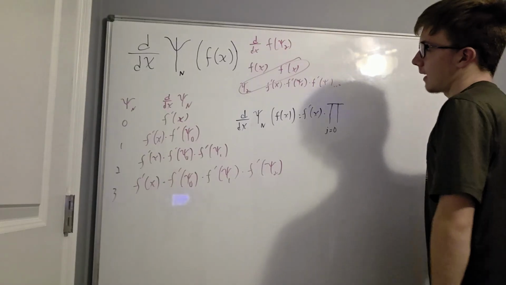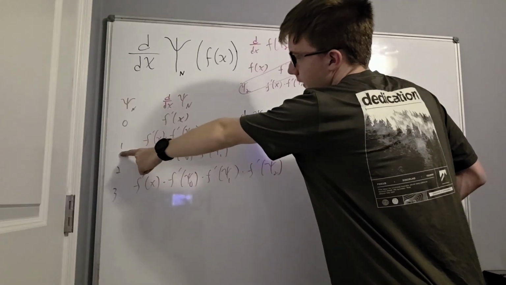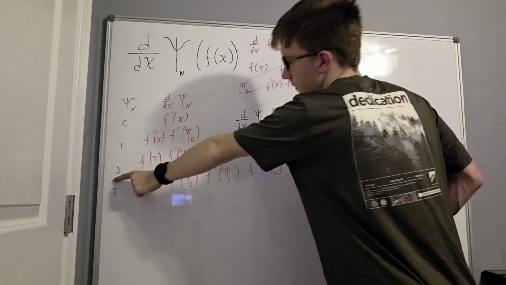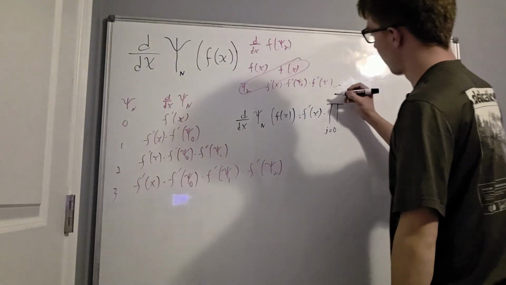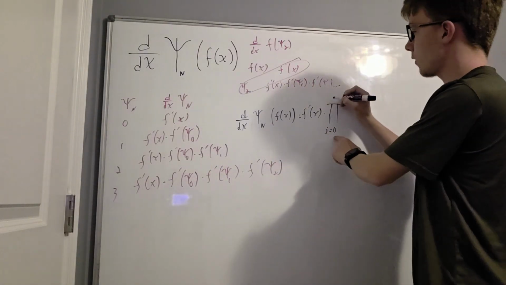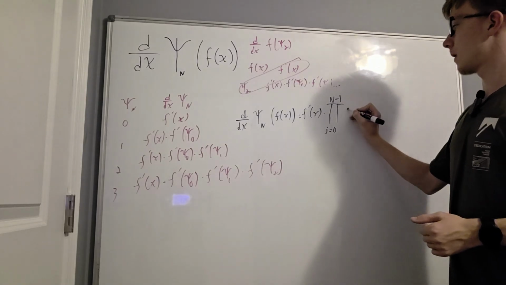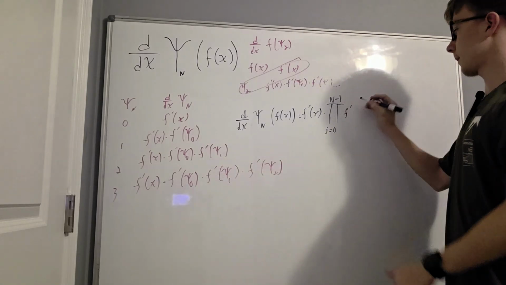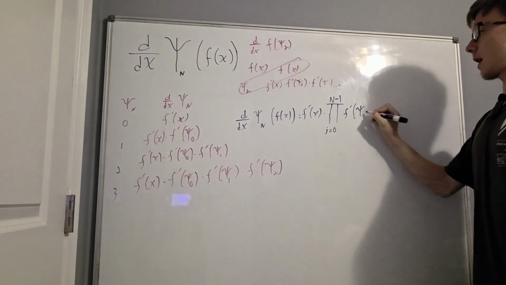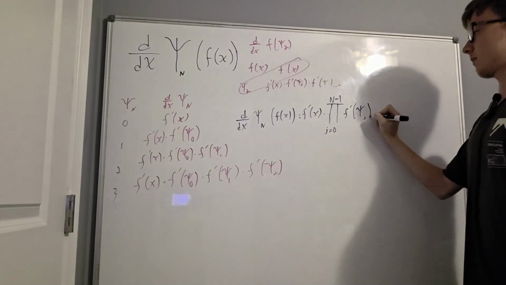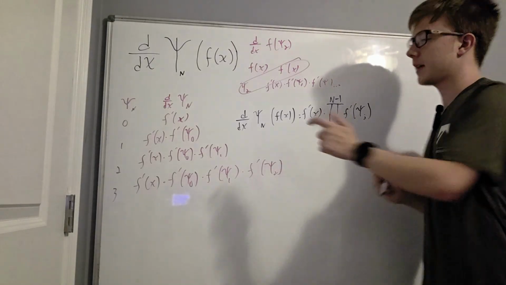So what we can say now is n minus 1 is 0, n minus 1 is 1, and so on. 3 minus 1 is 2. So we're looking from j equals 0 to n minus 1 of f prime, all of them are f prime, of psi j, the jth composition of f of x.